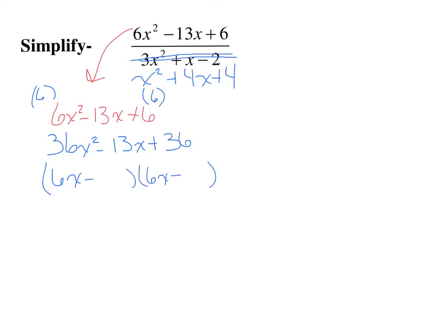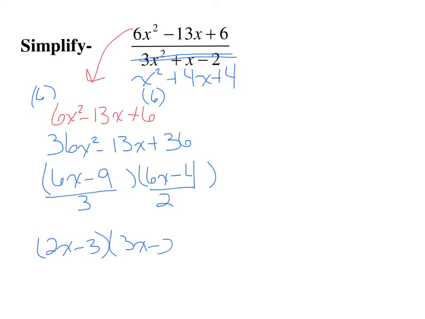So we're looking for factors of 36 that add to make 13, and that would be 9 and 4. Divide by the GCF. We end up with 2x minus 3, 3x minus 2. And I'm going to say this again. If you don't know how to get through this, you need to go back and review the factoring lectures.